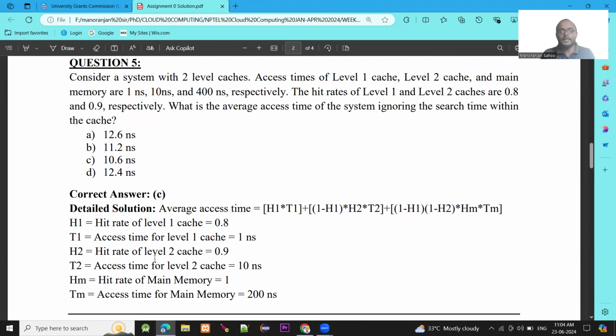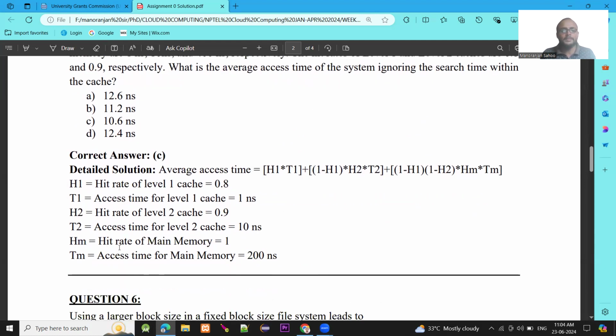Then H2, the hit rate of the level 2 cache, is 0.9, which is already given in the question. T2, the access time for level 2, is 10 nanoseconds. And HM, the hit rate of main memory, is 1, and the access time for main memory is 200 nanoseconds. So by putting these in the formula, we'll get the answer, that is 10.6 nanoseconds.